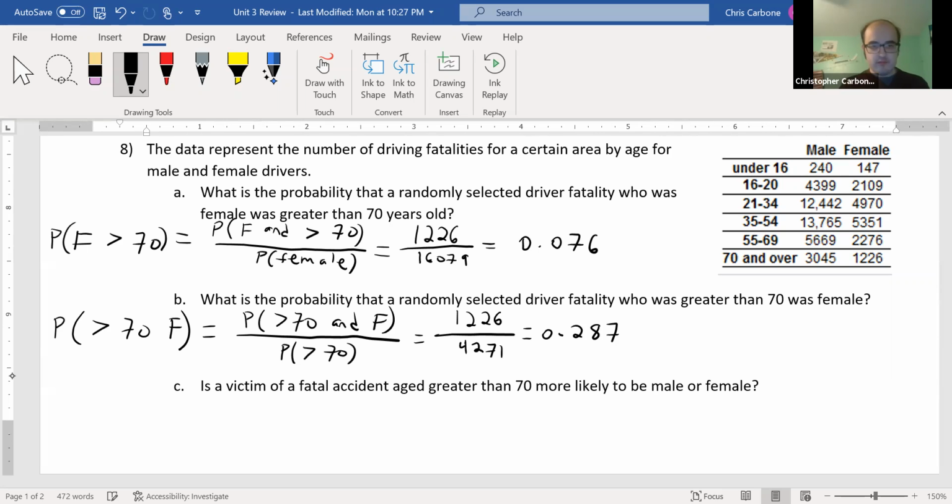And then finally, is a victim of a fatal accident age greater than 70 more likely to be male or female? So based on these two values, as we can see, they're both small in terms of this table.